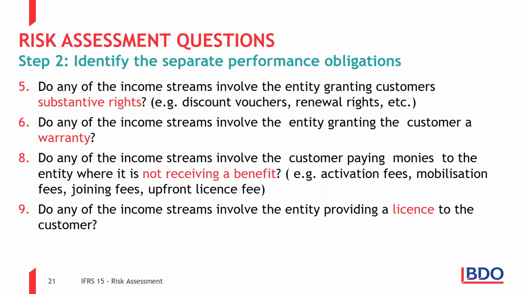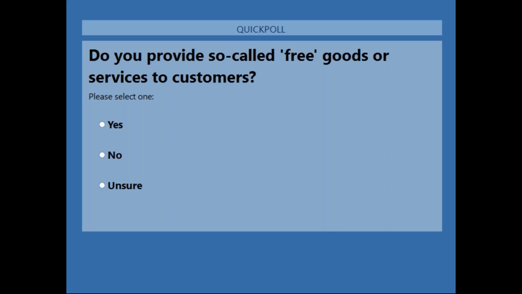I thought I'll ask some questions at this stage to see to what extent the identification of performance obligations would be a potential issue for you. And the first one is, do you provide so-called free goods or services to your customers?